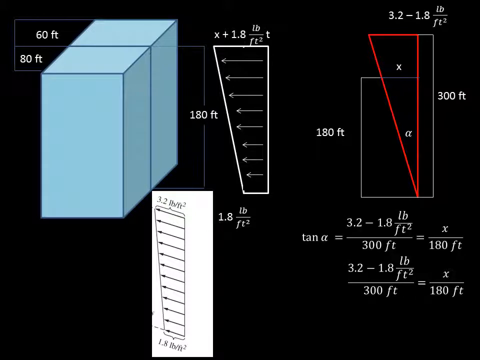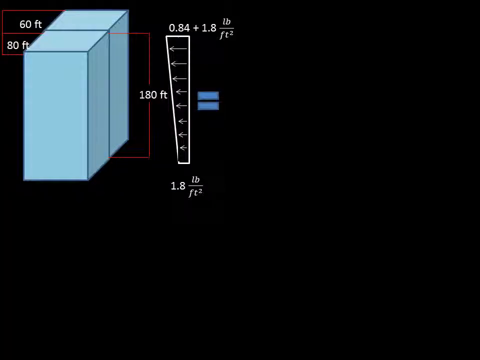Doing so, we will get the unknown as 0.84 pounds per square foot. Now, we already know all of the values in the distributed load. We can now replace the distributed load with a concentrated force.